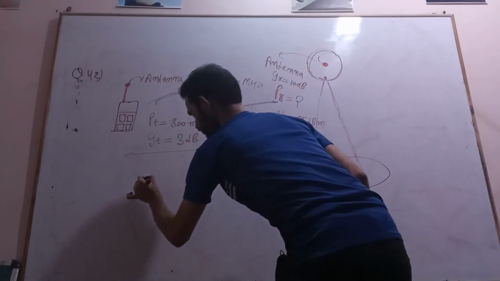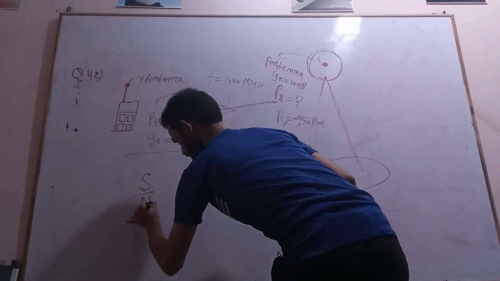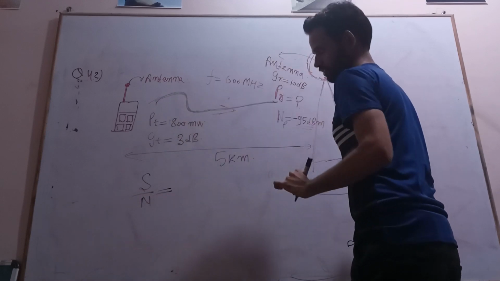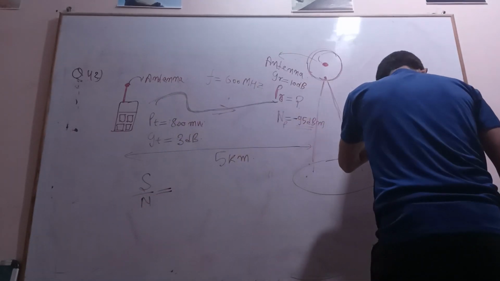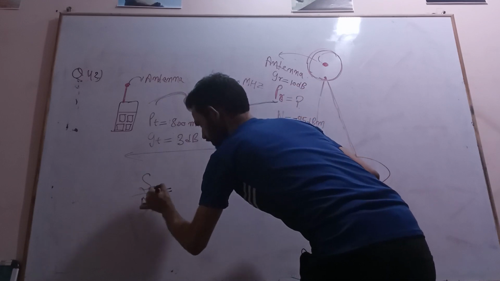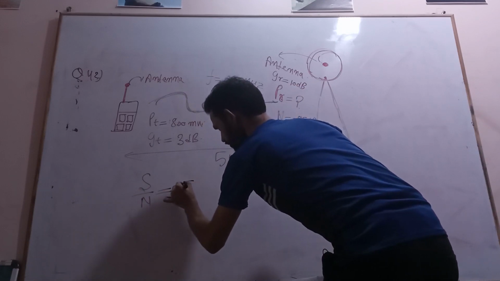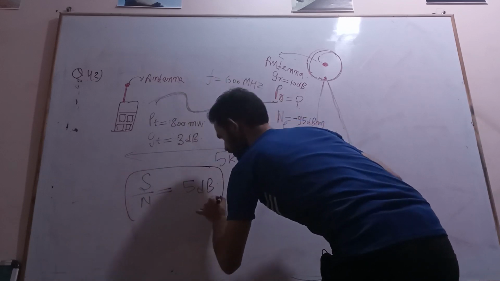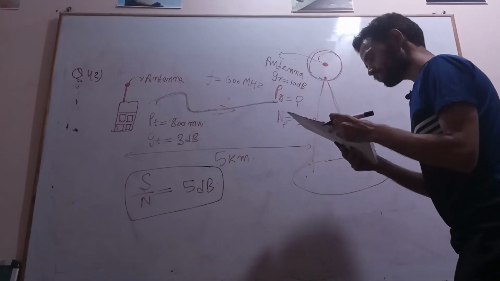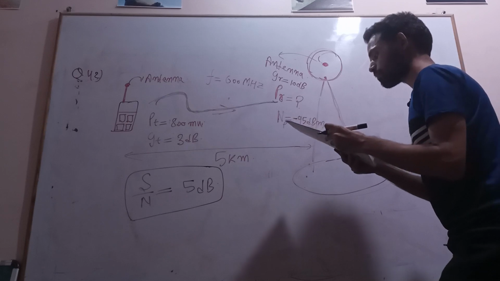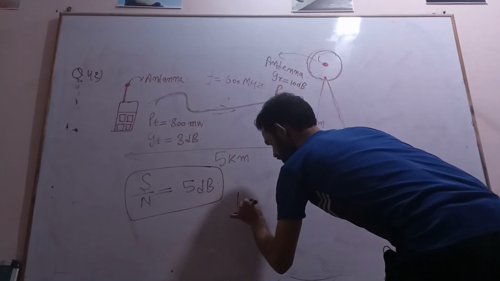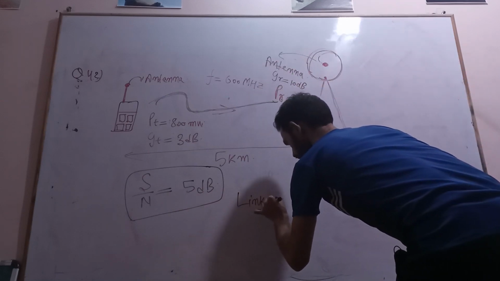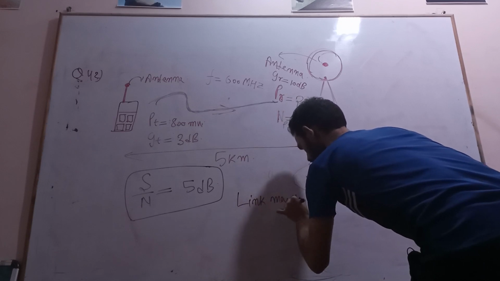Then the signal to noise ratio required is 5 dB. Then he is asking to find the link margin in dB. So what is link margin?